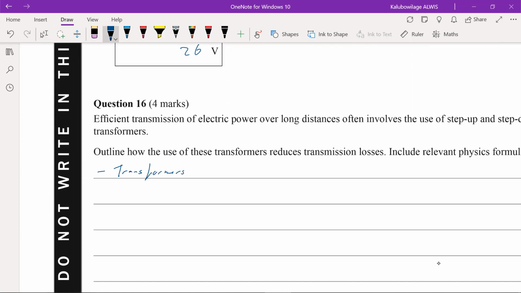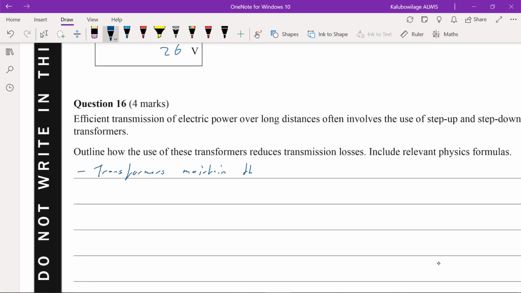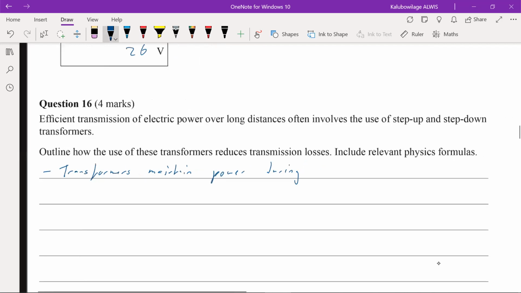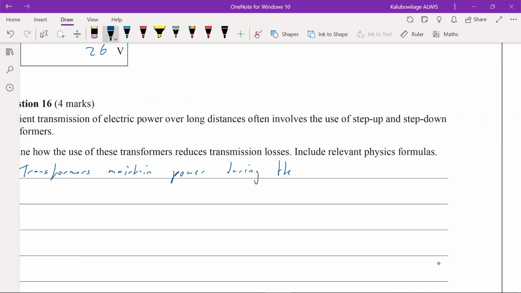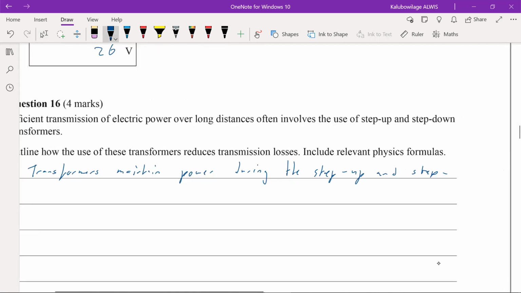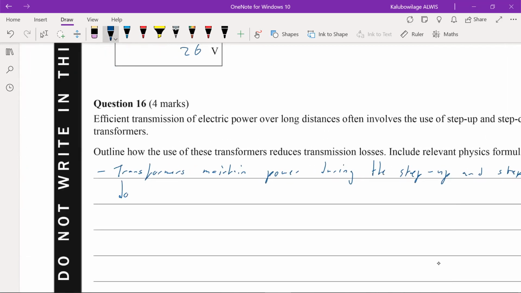Transformers maintain power during perfect transformation. I'm doing this step up and step down process.